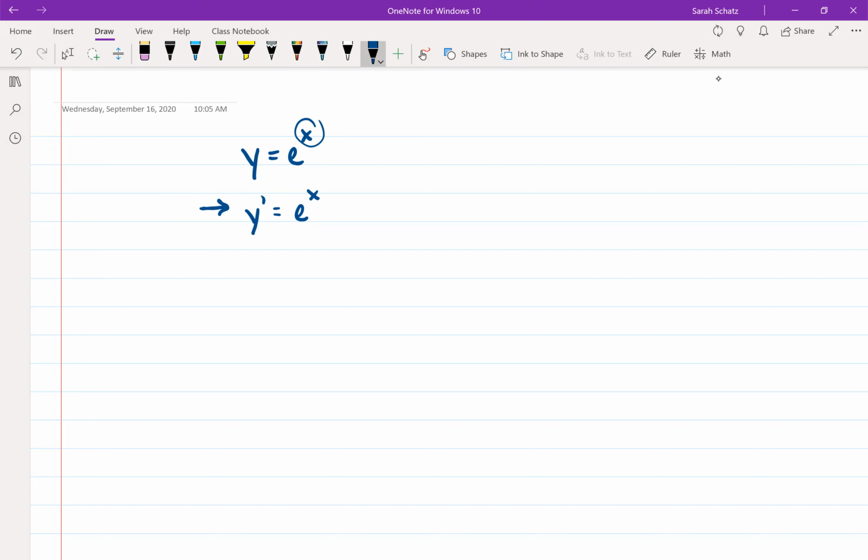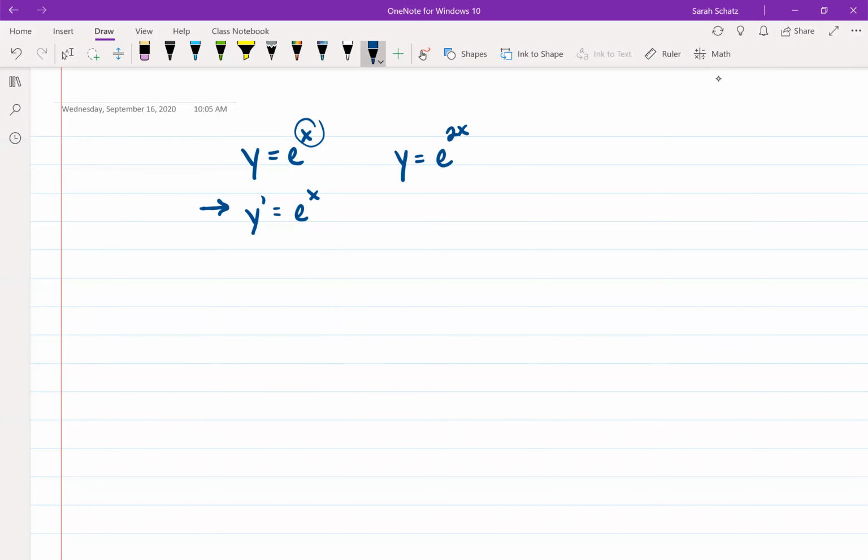So we had that, but then we looked at cases where it wasn't just x up in the exponent. So let's start slowly, like we did the other day.